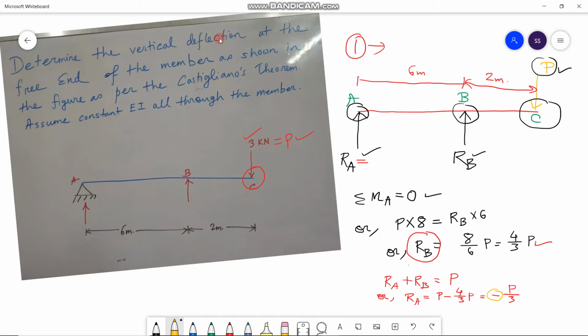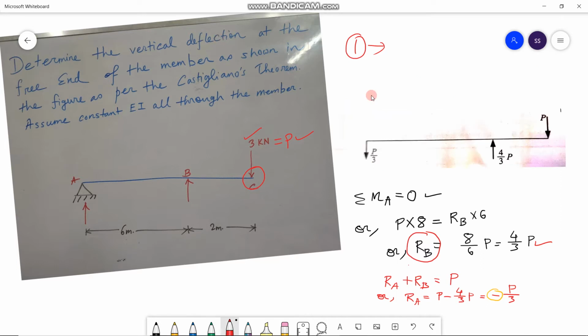It means as per the calculation, the reaction at A is working in the downward direction, not in the upward direction, and the value is P by 3, and RB we have 4 by 3 P.